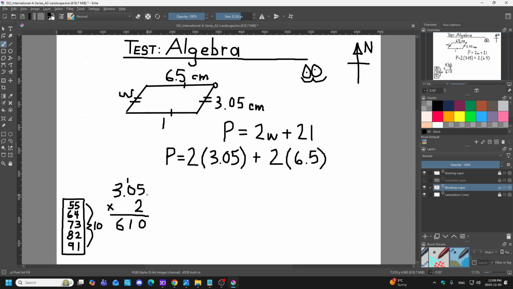Showing you again, beginning from the right side, we have 1, 2 jumps. We do the same with this answer. 1, 2. Therefore, our decimal is there. Let's continue.